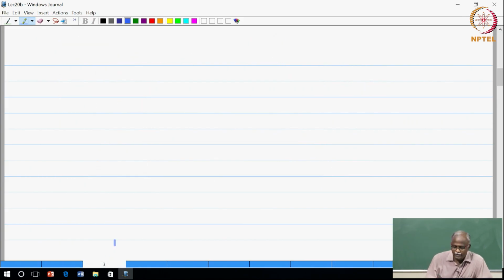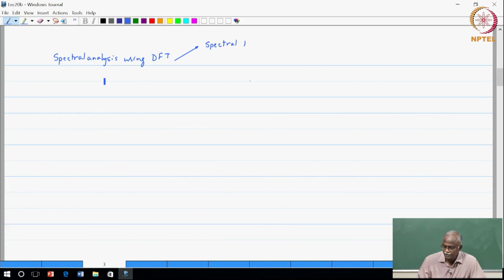And along with that, an important aspect is that whenever we do spectral analysis using DFT, here are 2 points that are always worth remembering. The first one is that there is inherent spectral leakage.